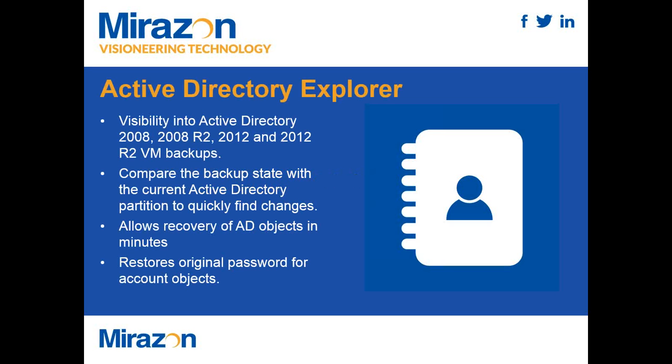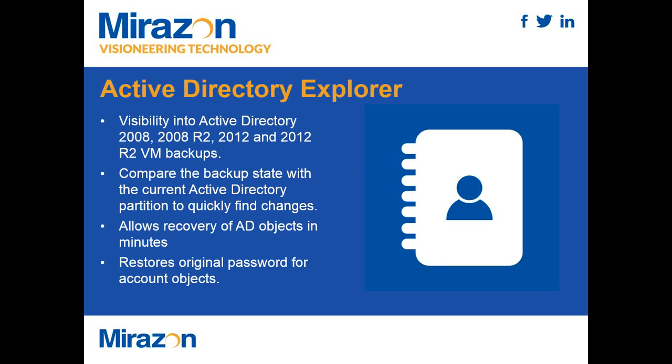It can compare the backup state with the current Active Directory partition to quickly find changes. What that means is that in this Explorer, I can say, show me this user, and then I can say, show me this point in time, and it gives you a nice comparable timestamp of saying, hey, on this date, these groups were removed, or these attributes were changed.